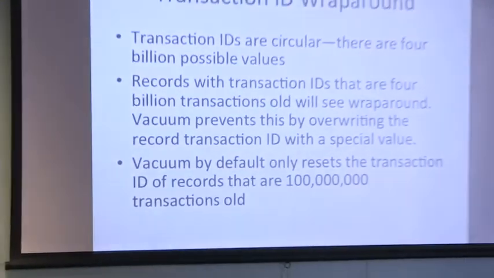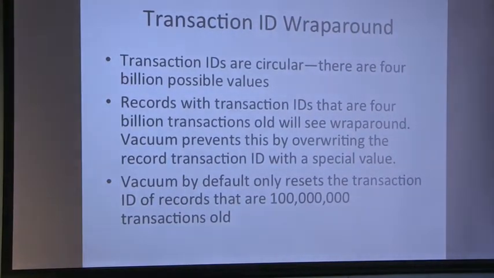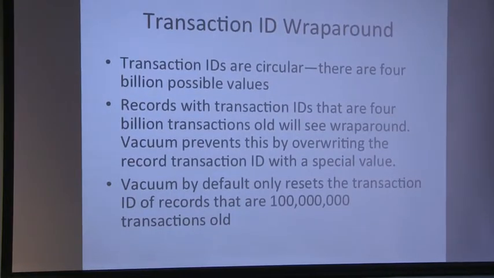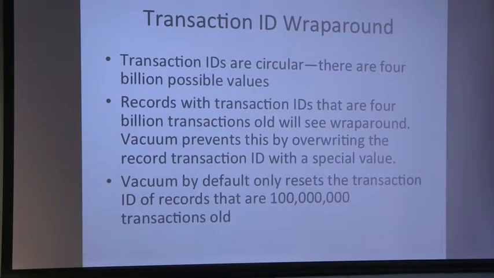In Greenplum, like in Postgres, transaction IDs are circular, right? There's only a limited number available, in this case about 4 billion possible values. That's in contrast to something like Oracle, right? In Oracle, you have SCN base and SCN wrap, where they have two counters, and one counter gets incremented, so you have a tremendous number of possible transaction ID values.